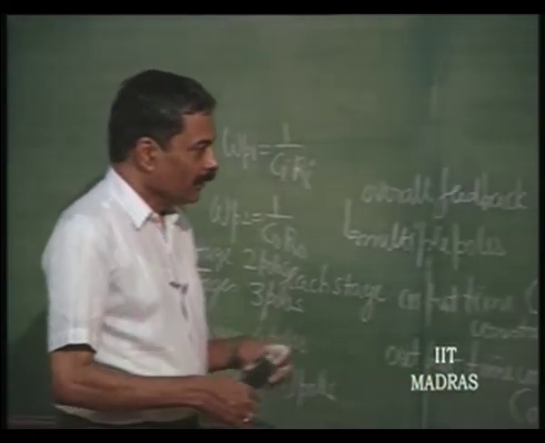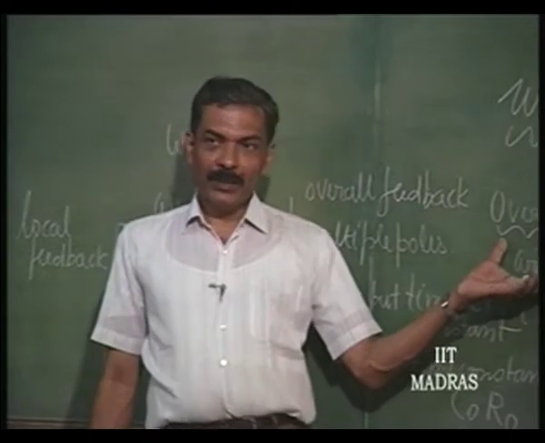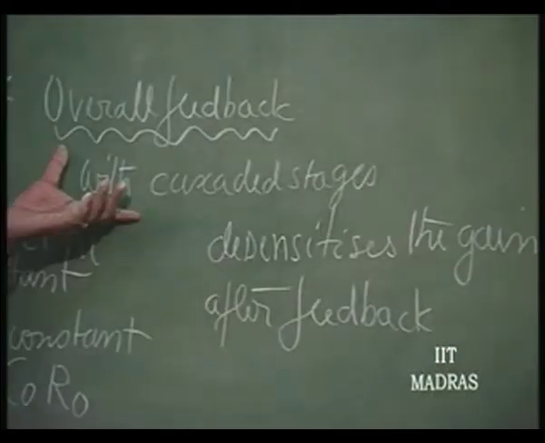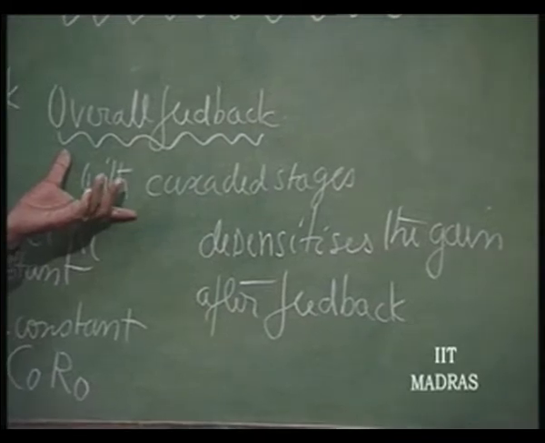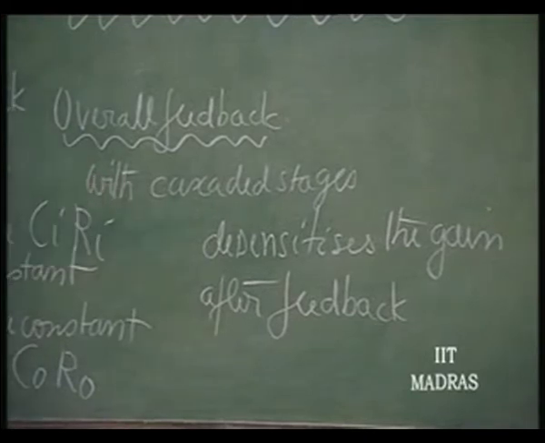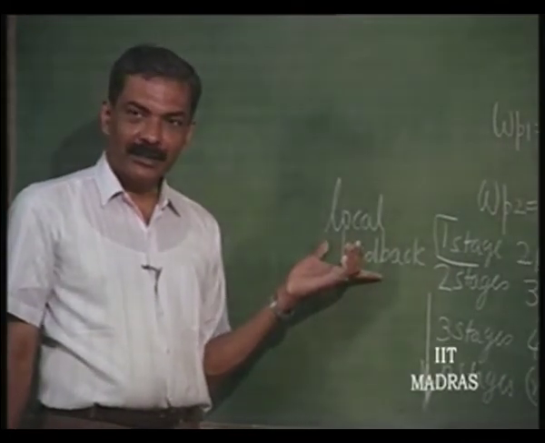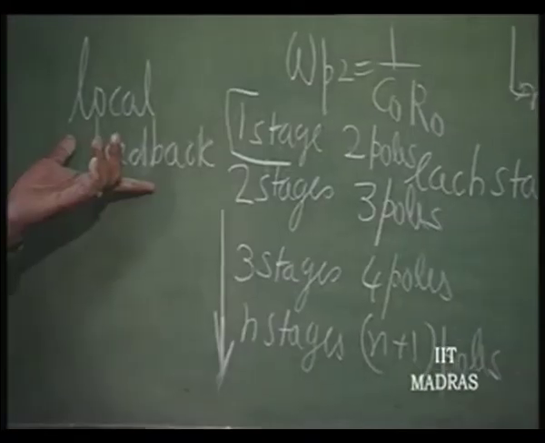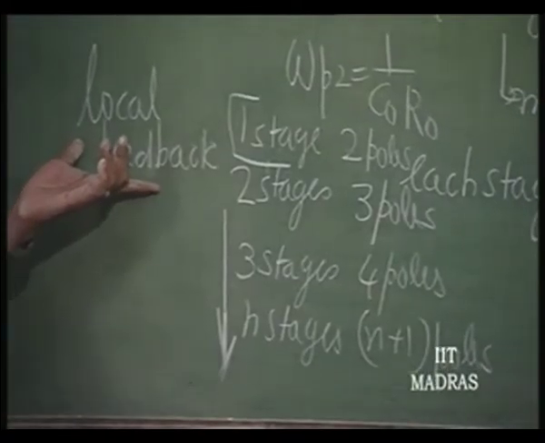Please remember that for more than 2 stages, overall feedback is never adopted because it invariably results in problems of oscillation or instability, and local feedback is resorted to. That means a single stage will always have negative feedback in order to improve its bandwidth of performance.